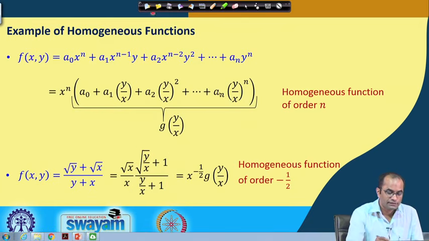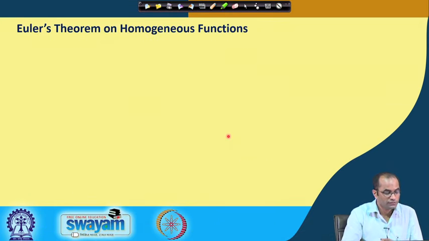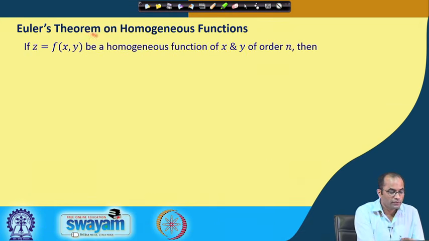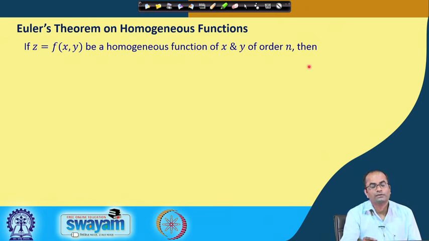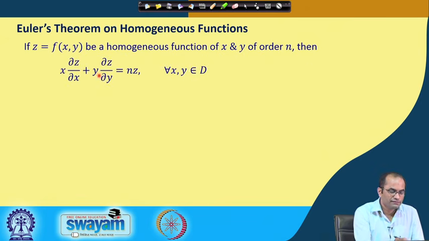So, precisely, it is called Euler's theorem on homogeneous functions, and it says if z is a homogeneous function of x and y of order n and these partial derivatives exist and so on, then we have this expression here: x times the partial derivative of z with respect to x, plus y times the partial derivative of z with respect to y, will be equal to n z.